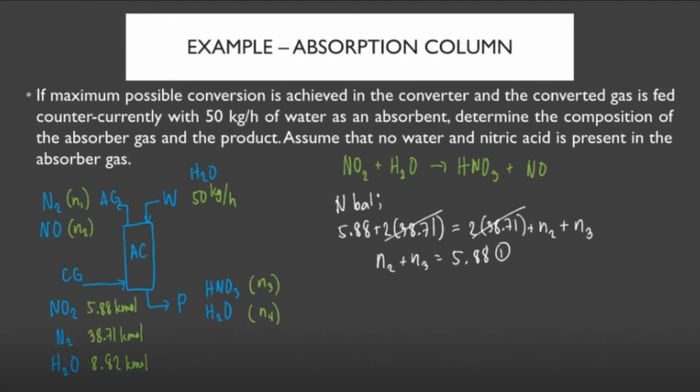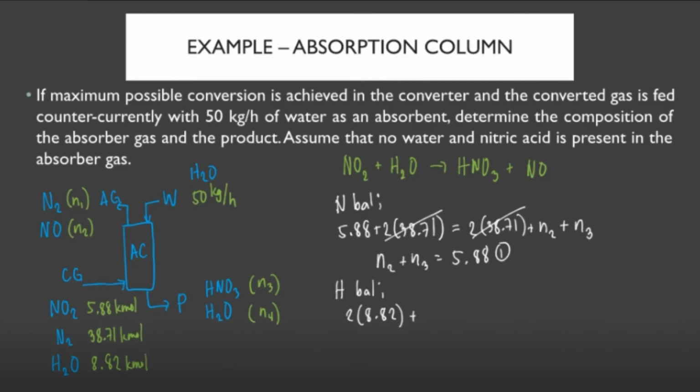We need another equation with the variables N2 and N3 to determine their values. Let's have our next balance, the hydrogen balance. Starting with the converter gas, our only source of hydrogen is water. So that is 2 times 8.82 plus the hydrogen coming from the absorbents, which is water. That's 50 kilograms of water.